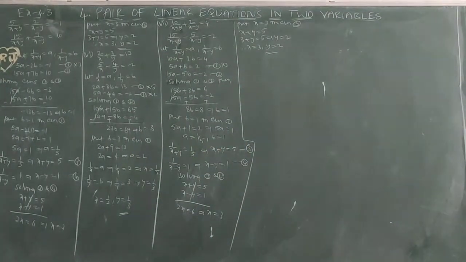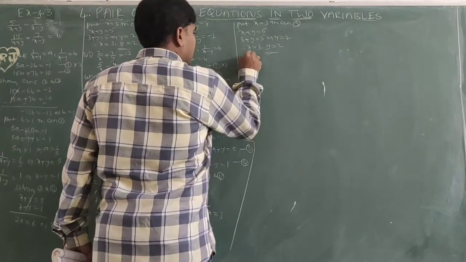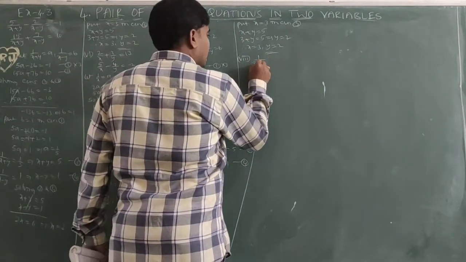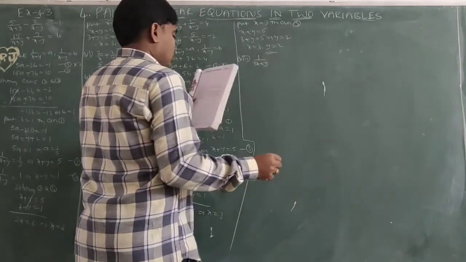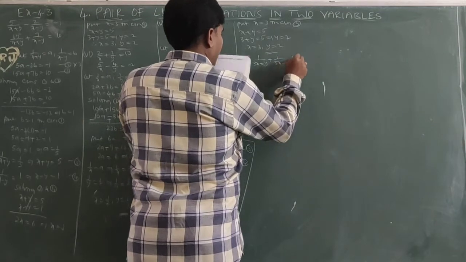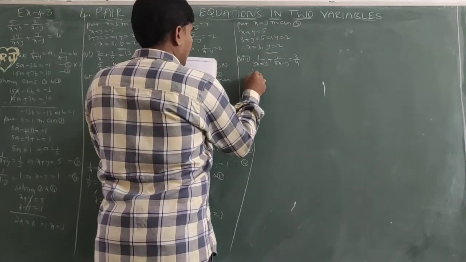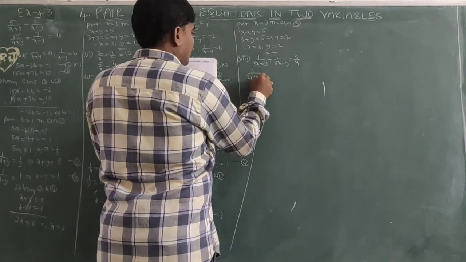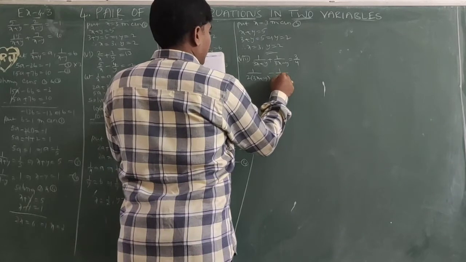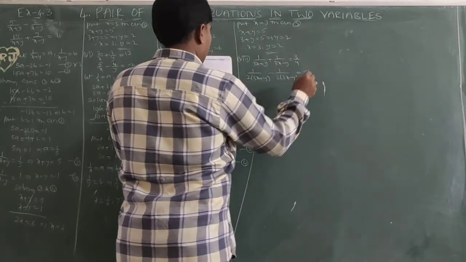And the last one, the 8th one, is 1 by 3x plus y plus 1 by 3x minus y equal to 3 by 4, and 1 by 2 of 3x plus y minus 1 by 2 of 3x minus y equal to minus 1 by 8.